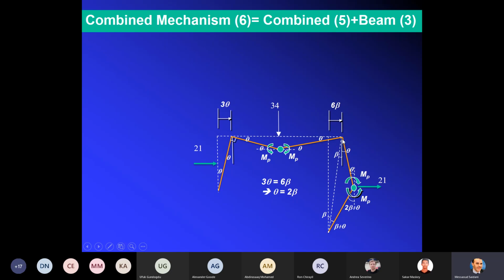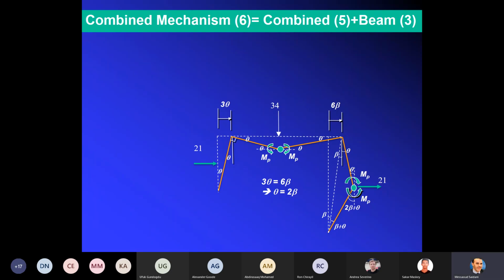You can see that because now this beam and this part of the column are rotating in the same direction, anti-clockwise, this hinge will cancel, and now we have a hinge at the 34 kilonewton here, and then a hinge at the 21 kilonewton on the right. And this is the combined mechanism of effectively three independent mechanisms.